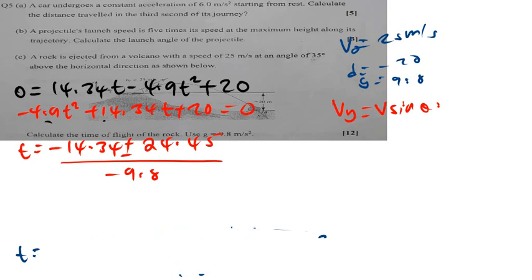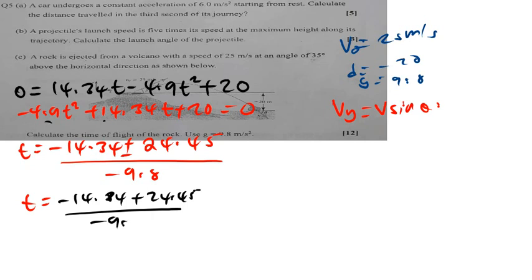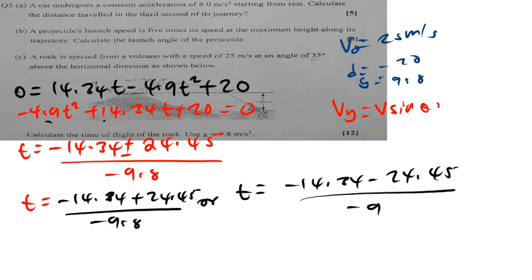So here T will be equal to negative 14.34 plus 24.45 divided by negative 9.8, or T will be equal to negative 14.34 minus 24.45, divided by negative 9.8.